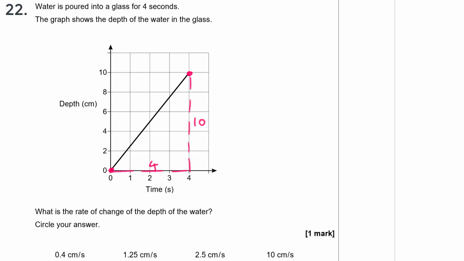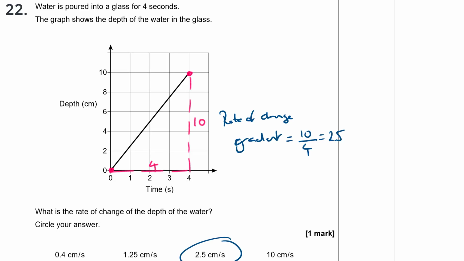So rate of change is the gradient, and that's equal to 10 divided by 4, which is 2.5.